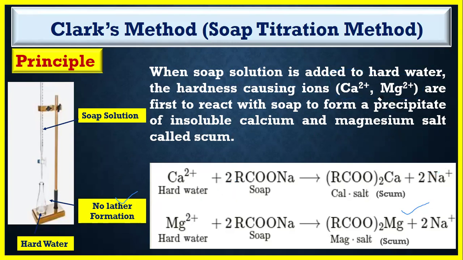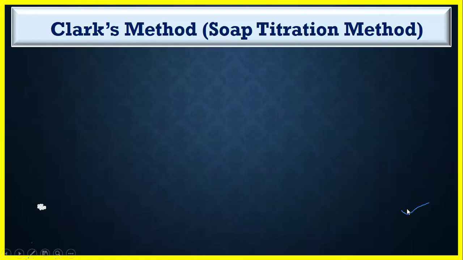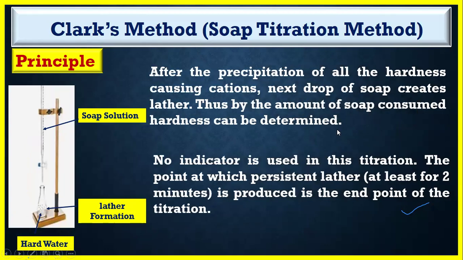When all the calcium and magnesium ions present in the hard water get consumed by the soap solution, then after this when we add the soap solution, it will create lather with the water. Why? Because all the calcium and magnesium ions have been consumed to form the scum, so the remaining water does not contain calcium and magnesium ions.